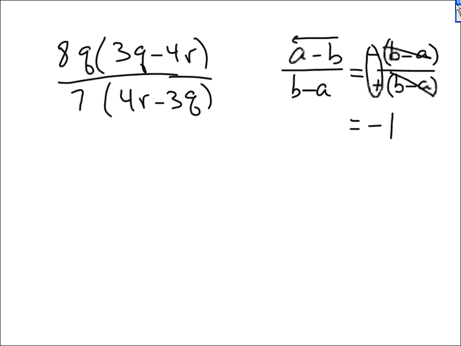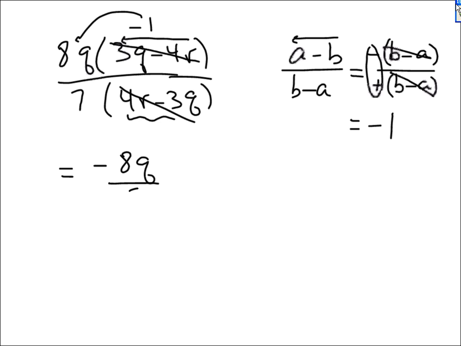So now, if you read this backwards, it's exactly what you have on the bottom. That is, most times, this is negative 1. So you have negative 1 times 8q. You have negative 8q over 7. But the bottom or the top, doesn't matter which one I write.